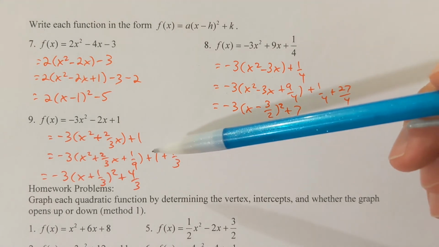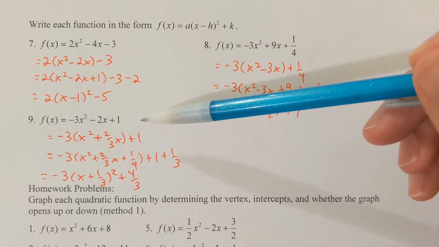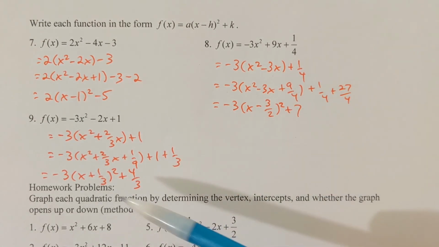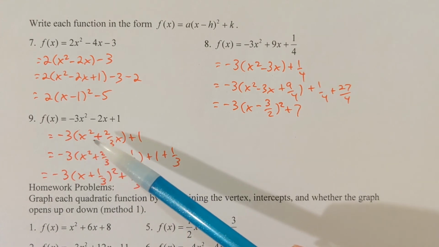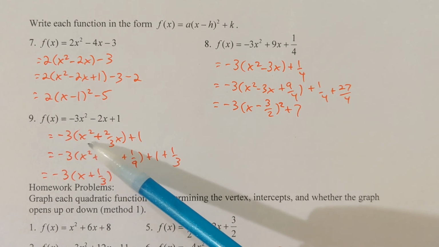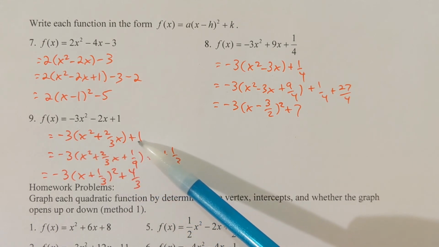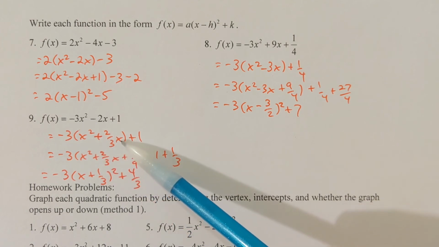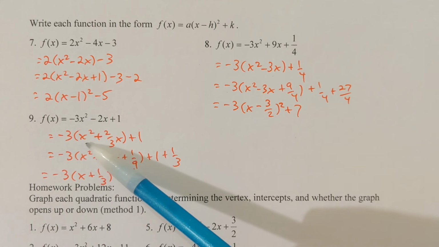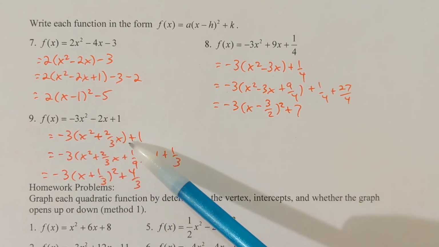Okay, so f of x equals negative 3x squared minus 2x plus 1. Well, let's see here. So f of x equals negative 3 times x squared plus 2/3 x plus 1. If I distribute the negative 3, then I get negative 3x squared minus 2x plus 1. So nothing is different here.